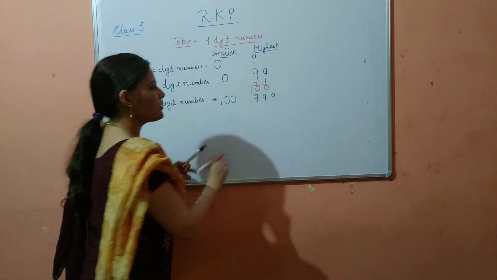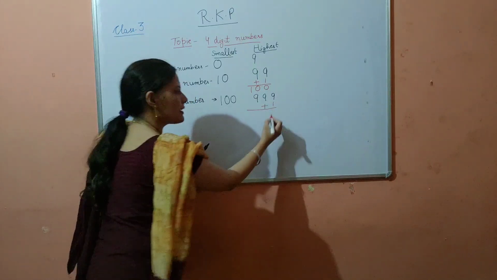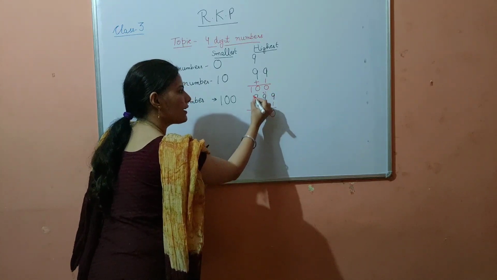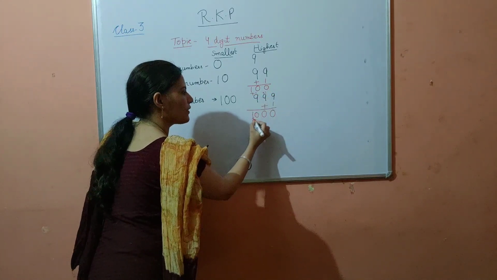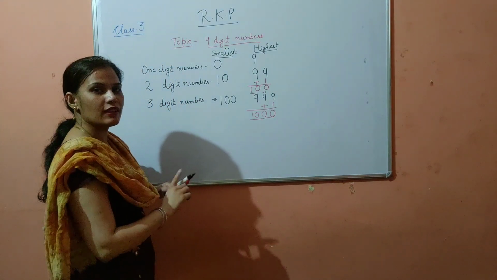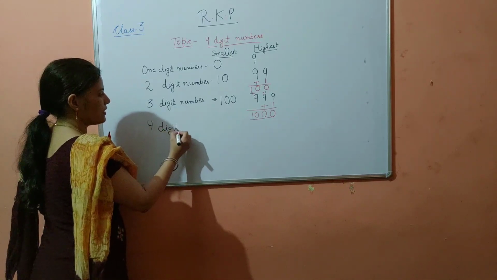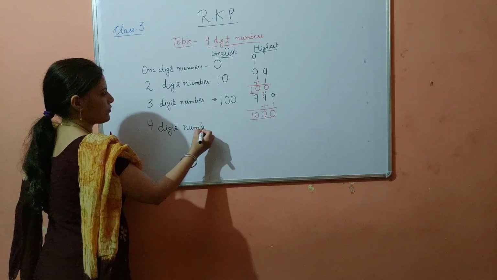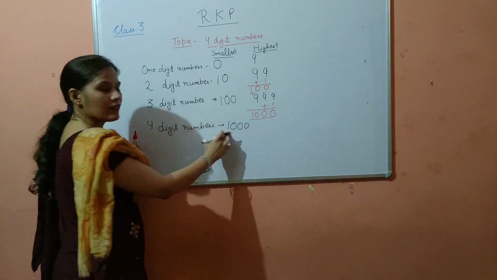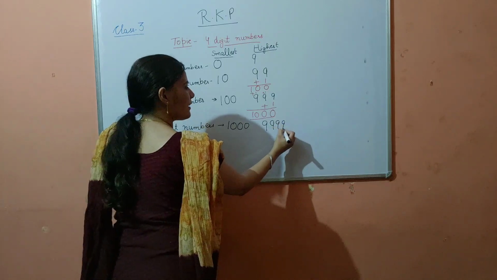Now you can take the help of this again. If you add plus 1, what does it become? 9 plus 1, 10, 1 carry. 9 plus 1, 10, again carry. 9 plus 1, 10. What is this? Yes, it is the smallest 4-digit number, 1000.